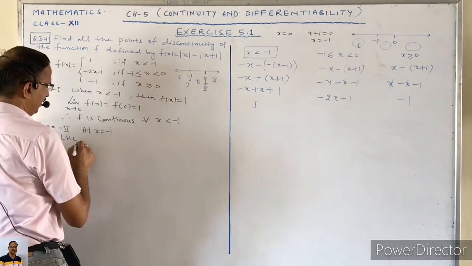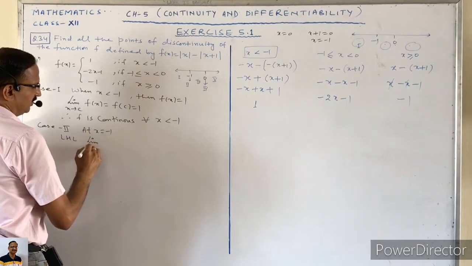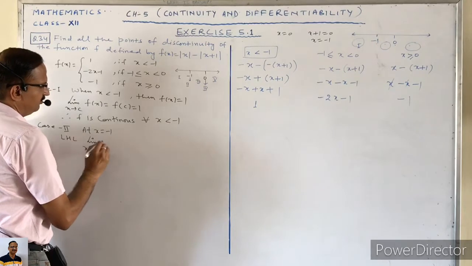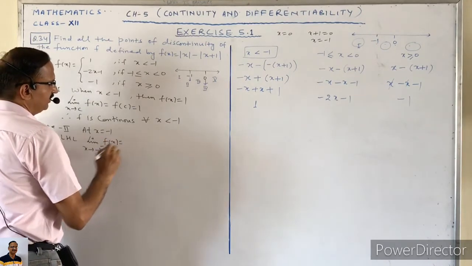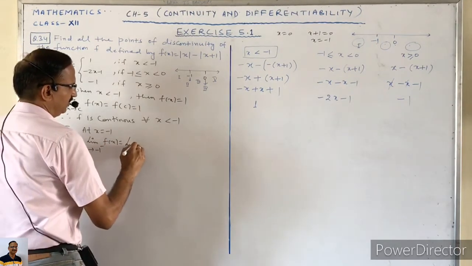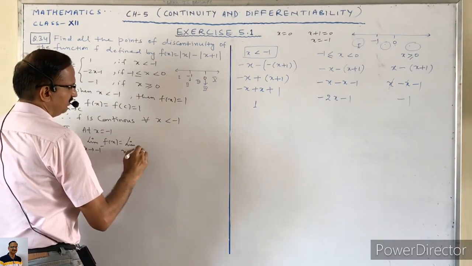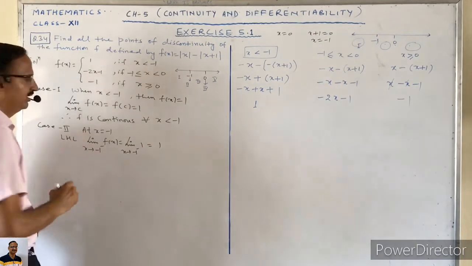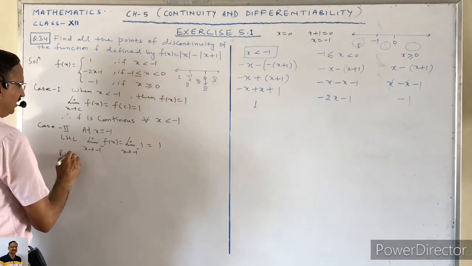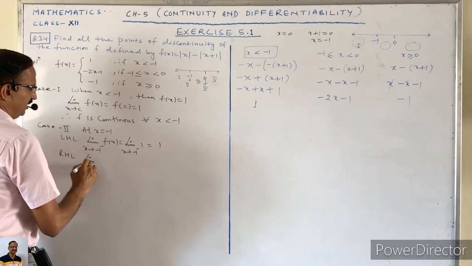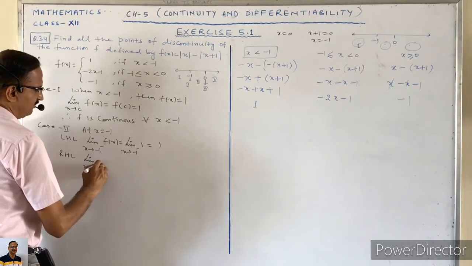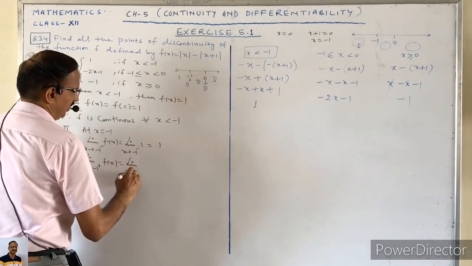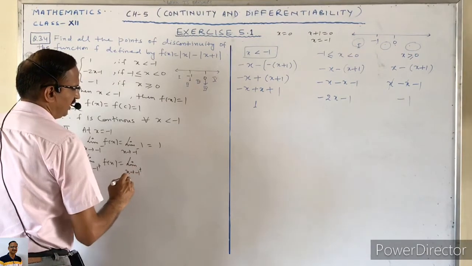So we can say limit x tends to -1 minus f(x) equals limit x tends to -1 minus, and the function is 1, so its value is 1.